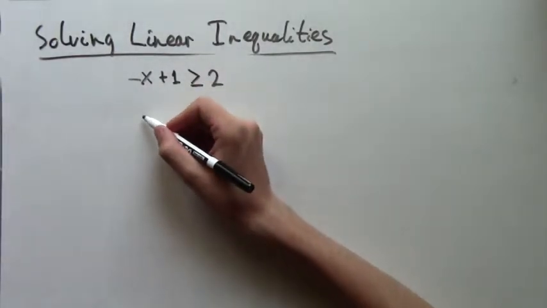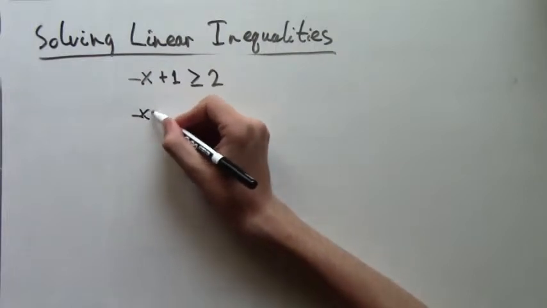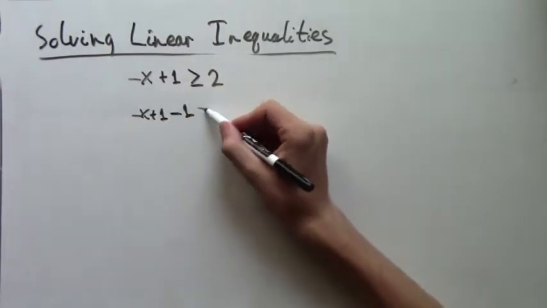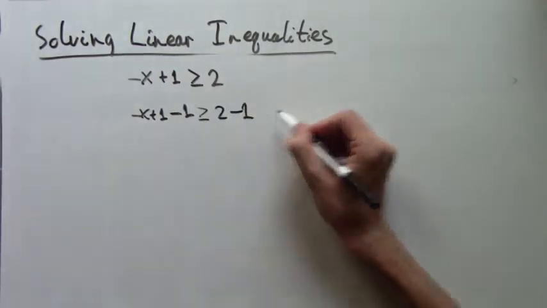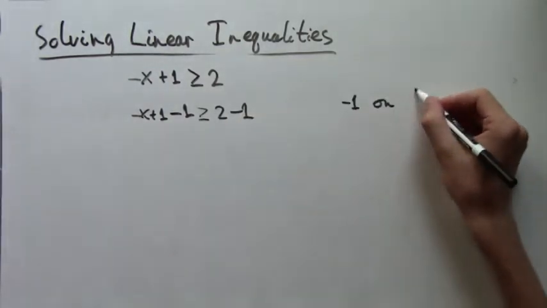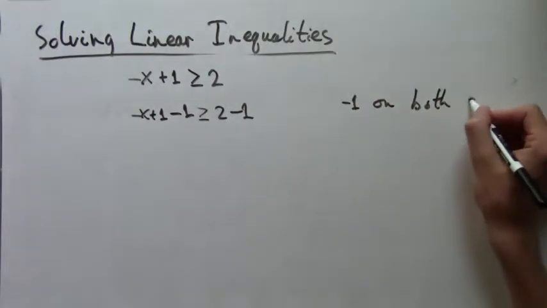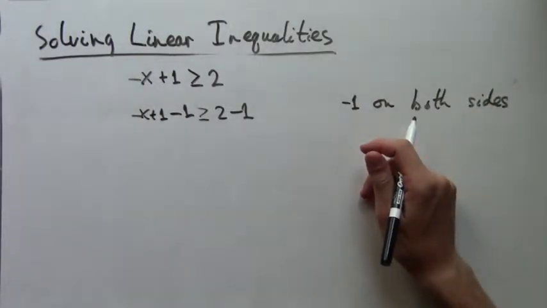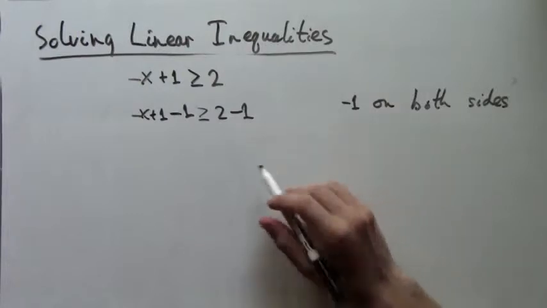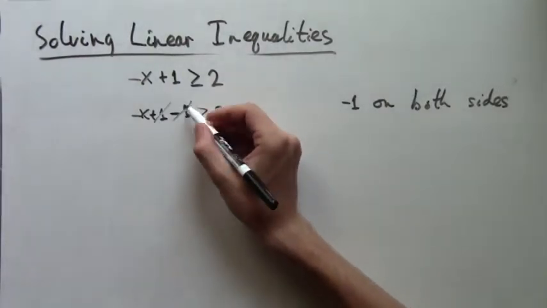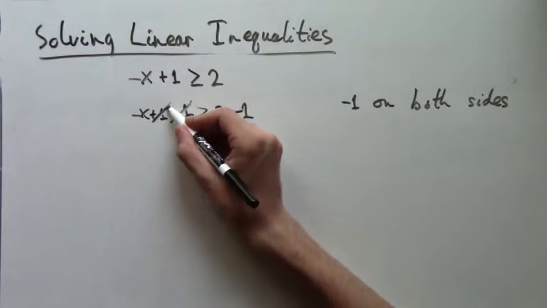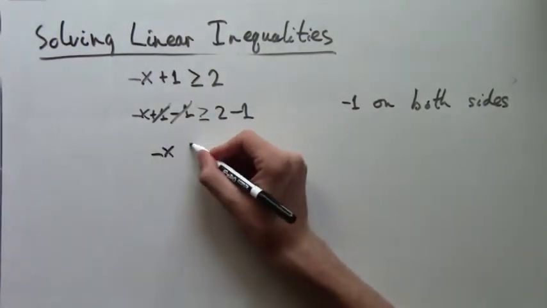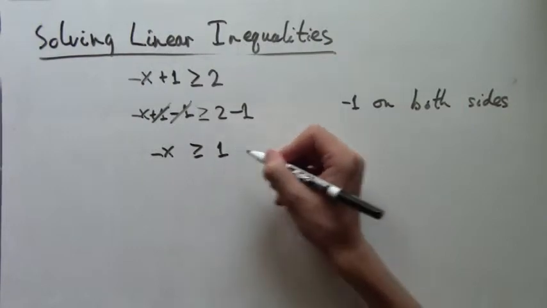So again, we want to isolate the variable x, so we will subtract a 1 on both sides so that we just have a negative x on one side. Again, we subtracted a 1 on both sides, so it's perfectly allowed. So we get negative x greater than or equal to 1.